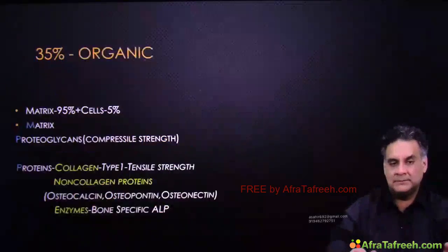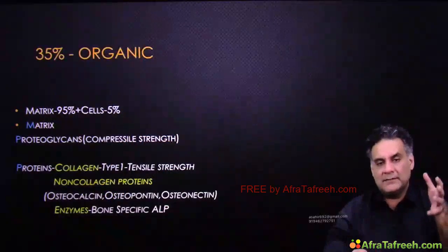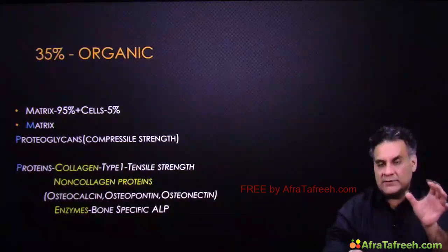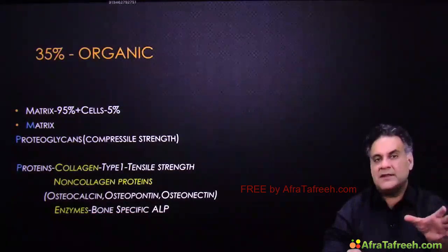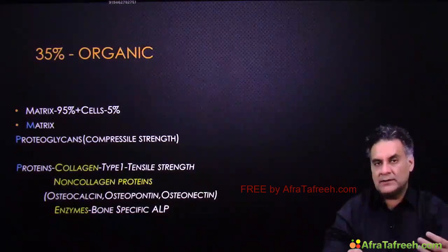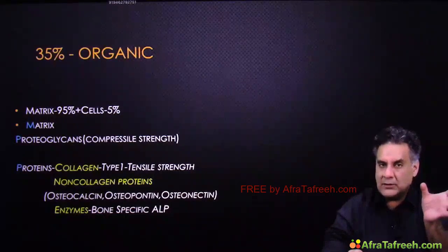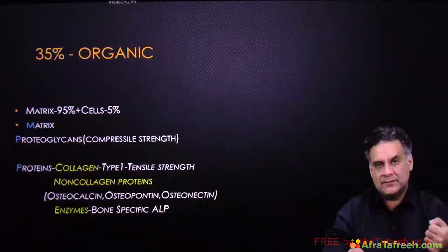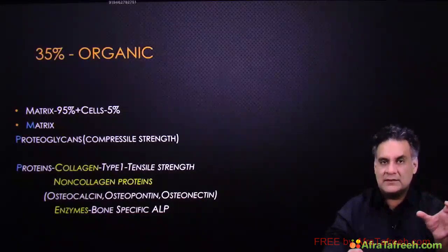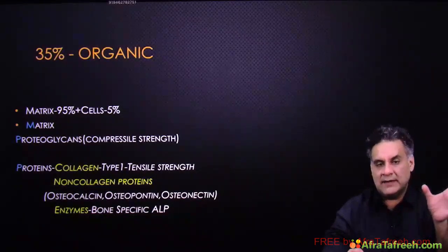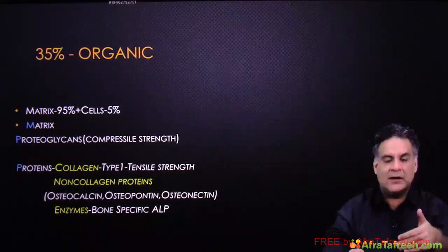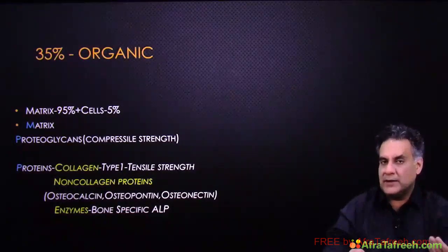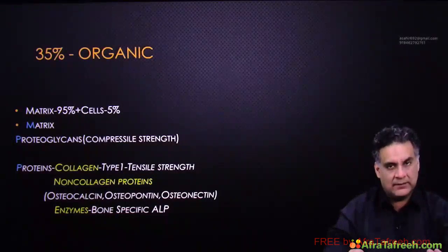Bone has 1. So when you look at the matrix, you have proteoglycans, which give you the compressive strength in the organic component, and then you have collagen type 1 that gives you the tensile strength. And then you have non-collagenous proteins like osteocalcin, osteopontin, osteonectin.